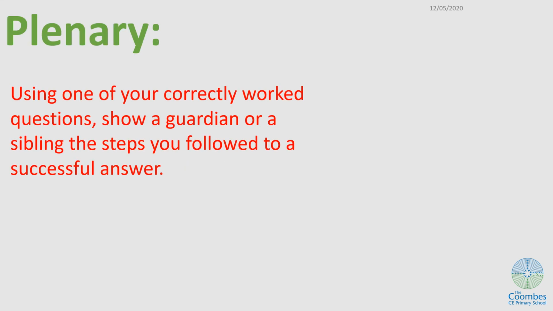How did you do? Now, I want you to select one of the questions you did really well and then call a guardian, or if they are busy, call a sibling and show them your steps to a correct answer.